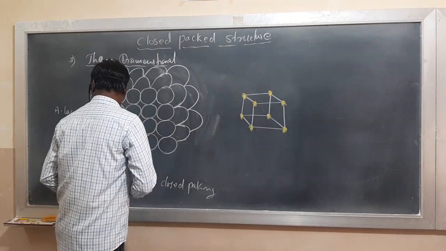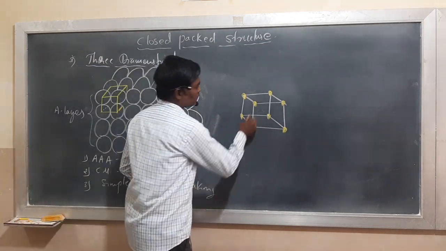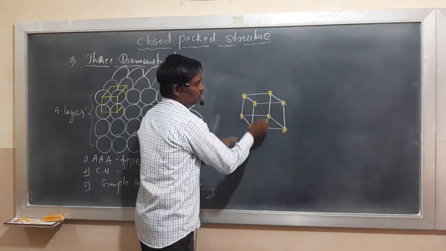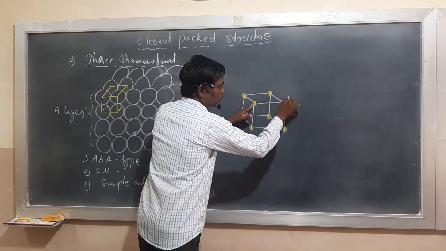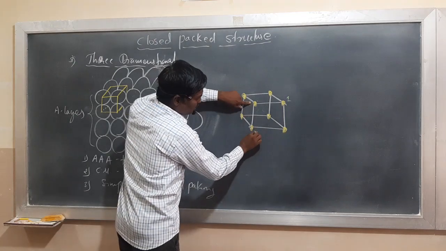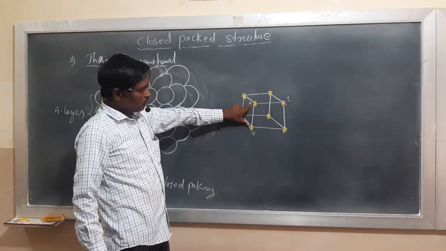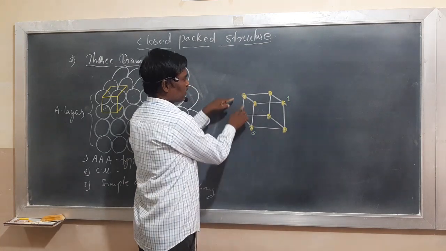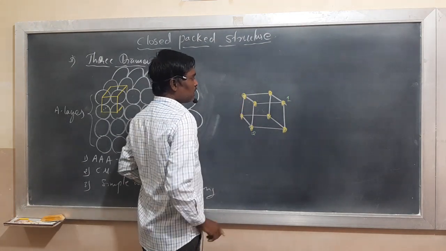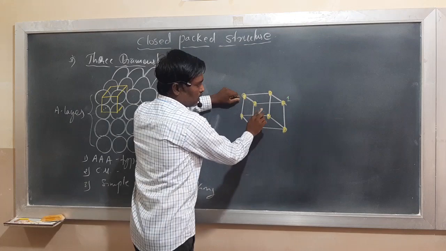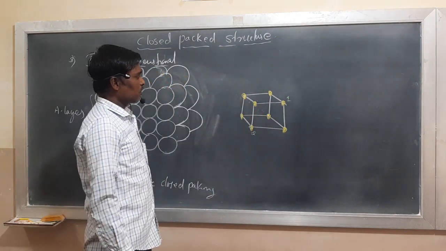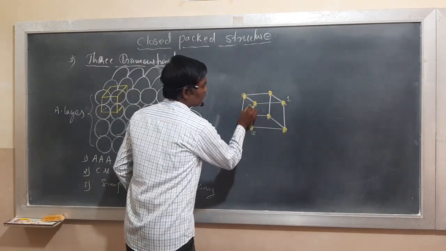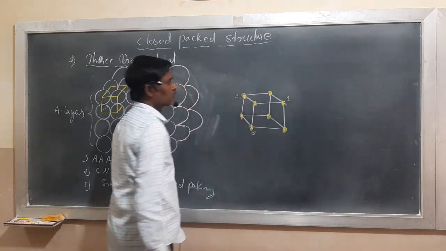For example, if I consider this sphere, it is in touch with this first one, also in touch with the second corner particle, and also in touch with the third one. So there are 3 particles in touch with that.